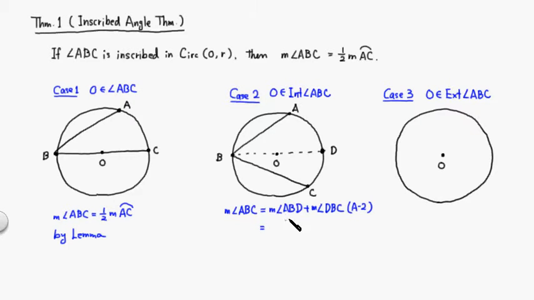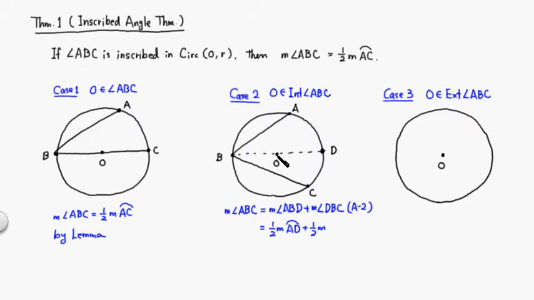So you have, according to the lemma, this is going to be 1/2 of the measure of the intercepted arc. So for that guy, ABD, the intercepted arc would be arc AD. Right? Plus 1/2 of the measure of DBC.